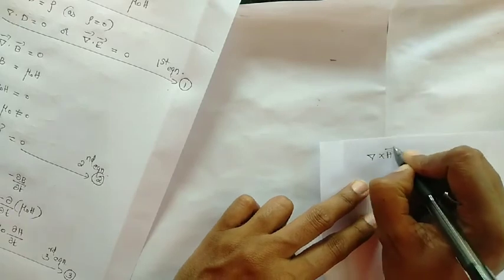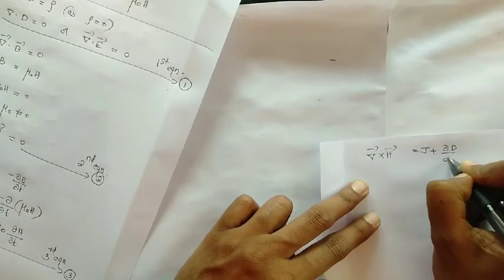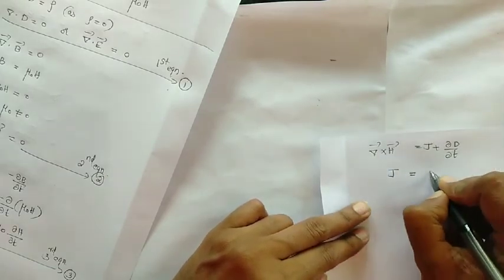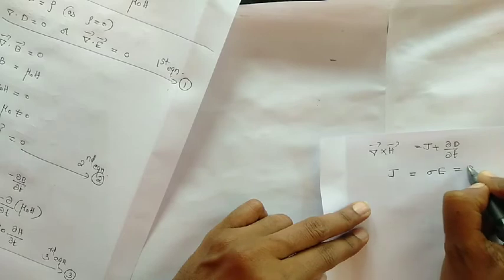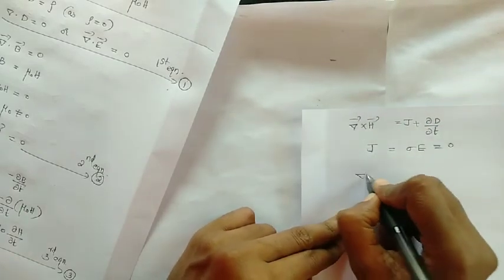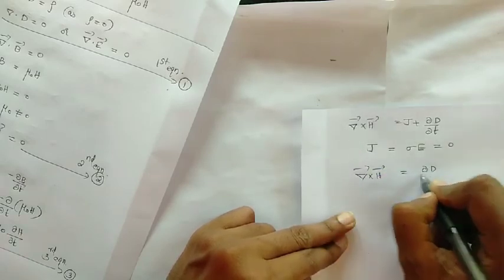Then the fourth one, del cross H is equal to J plus dou D by dou t. But we know that J equals sigma E, which is equal to 0 for free space, isn't it? Therefore, del cross H is simply equal to dou D by dou t.